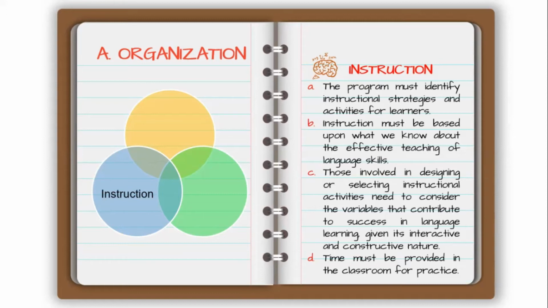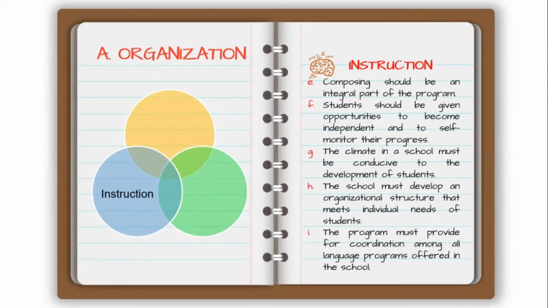Time must be provided in the classroom for practice. Composing should be an integral part of the program. Students should be given opportunities to become independent and to self-monitor their progress.